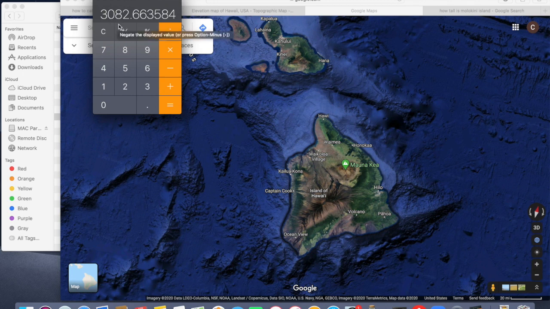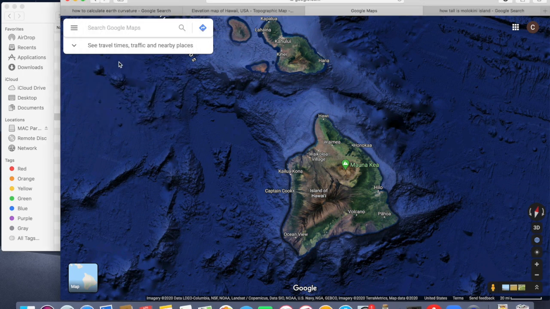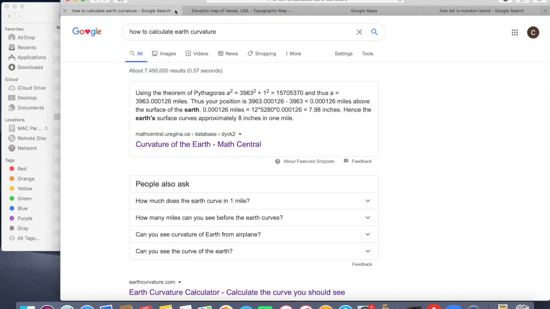But I'm only standing at 2,000 feet elevation, and I can see the shoreline 68 miles away. How can that be? If we look at the curvature of the Earth, the map, it can only be one number. Somebody couldn't just guess that number.